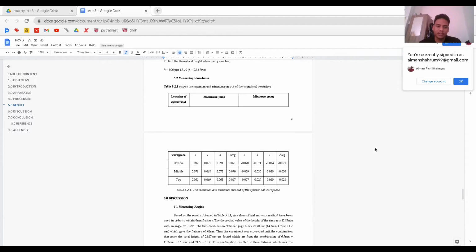For the maximum, the average for bottom is 0.091, middle is 0.07, and top is 0.067. For the minimum, the average for bottom is negative 0.072, middle negative 0.03, and top negative 0.028.